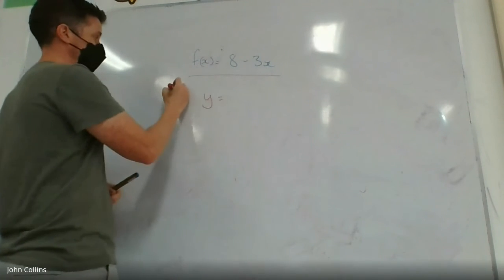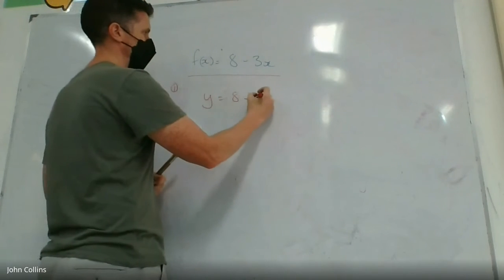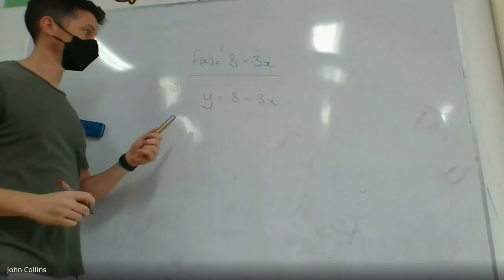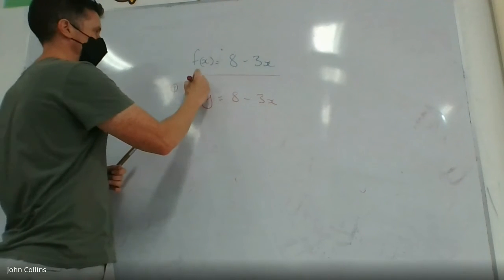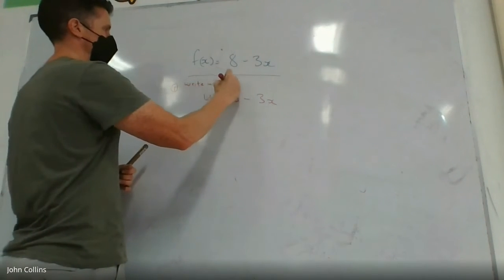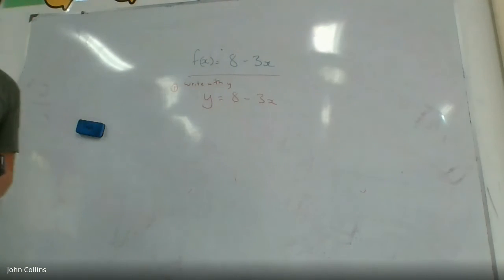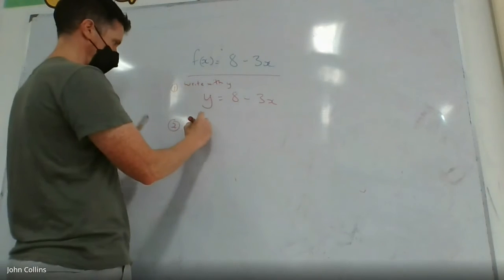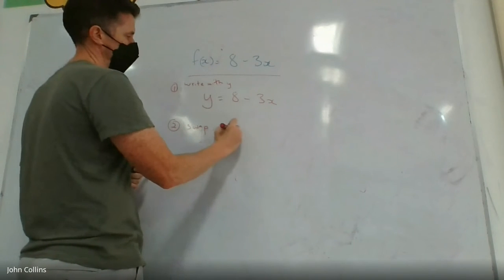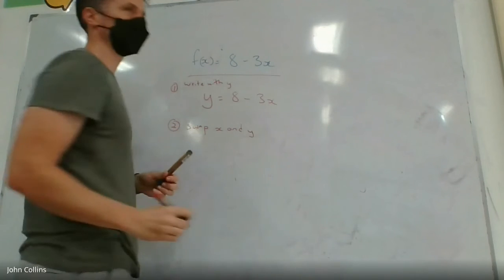First step, I've written it with y, write it with y, not with f of x. Second step, swap. Everywhere there's an x, write a y.